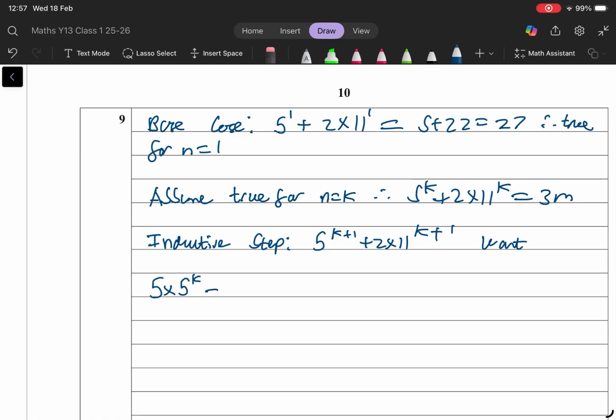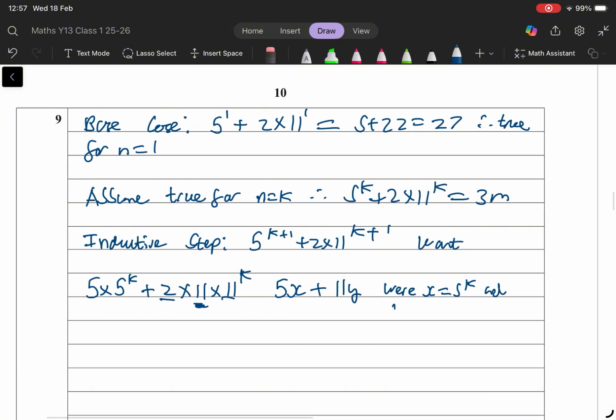So we can rewrite this as 5 times 5 to the k plus 2 times 11 times 11 to the k, and then from that we can say that 5 to the k is equal to x, and 2 times 11 to the k equals y, and I'll just explain why that is.